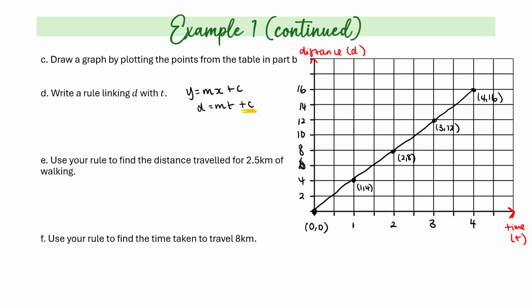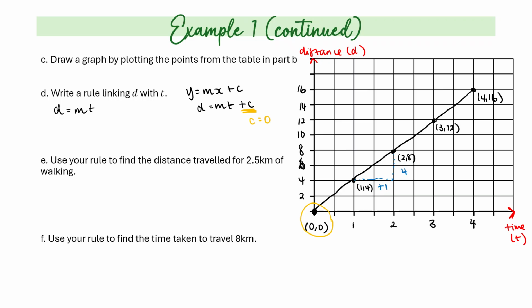Now, our c is our y-intercept, which we can see here is 0, 0, okay? So if our c is equal to 0, then we can straight away say we've just got d is equal to mt, okay? Now we've got to figure out our gradient. We can see that our run across is 1 and our rise up is 4, right?